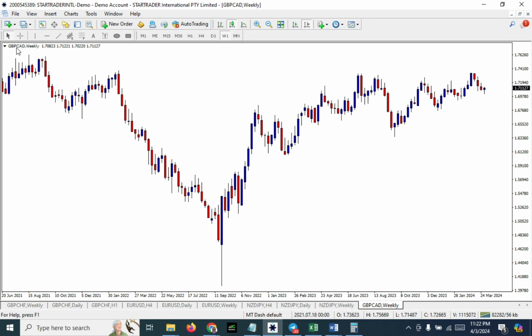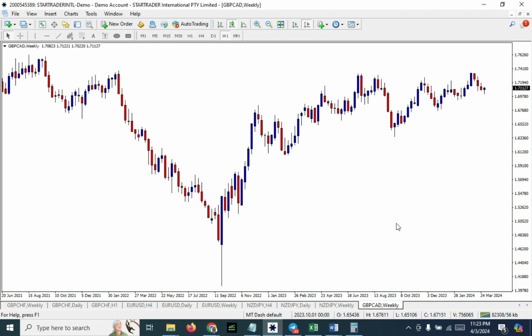Even though there is no cross of the United States dollar, this is a clear cross of top countries' currencies, Canada and the Great British Pound. Even though it's a cross, it's a minor currency, but because of the involvement of the Great British Pound here, it's a high graded currency pair.